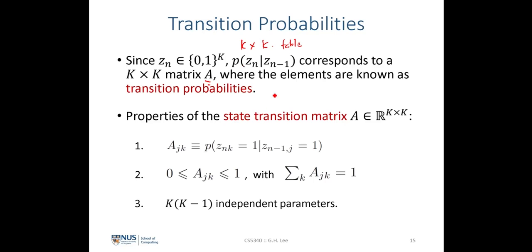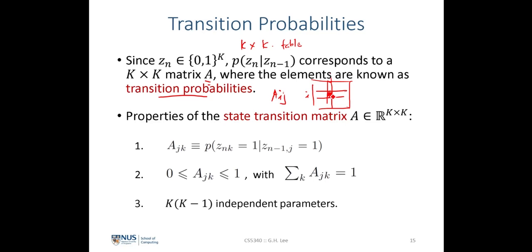And each element over here is known as our transition probability, which we'll denote as Aij. This means that Aij is going to be the ith entry in the row and the jth entry in the column.